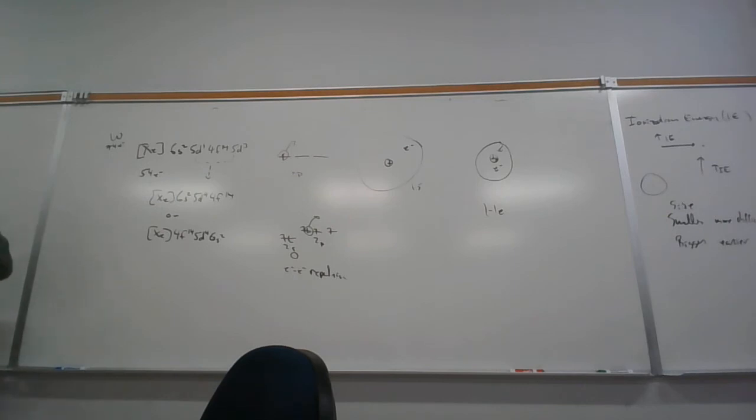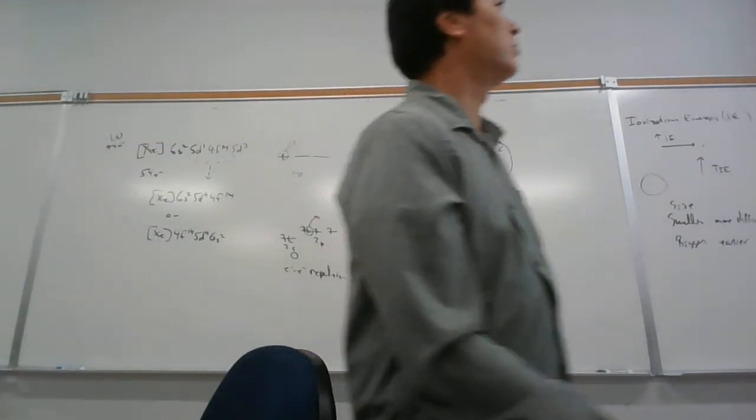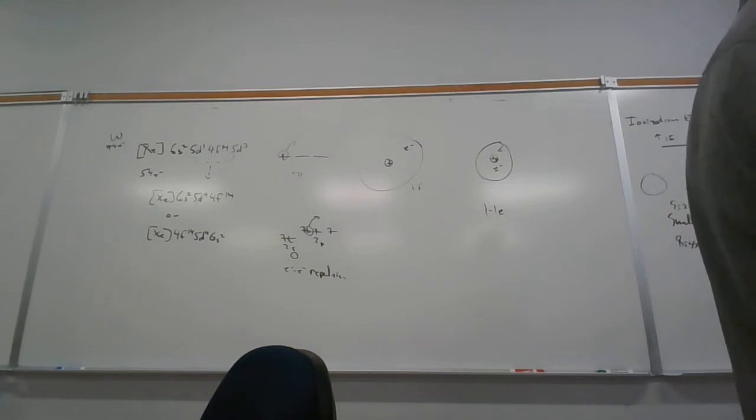So we could use the periodic table to do it, but I'm probably not going to give you any weird ones like this. Just do the more straightforward ones. But that's how you do it if you're given something like that.